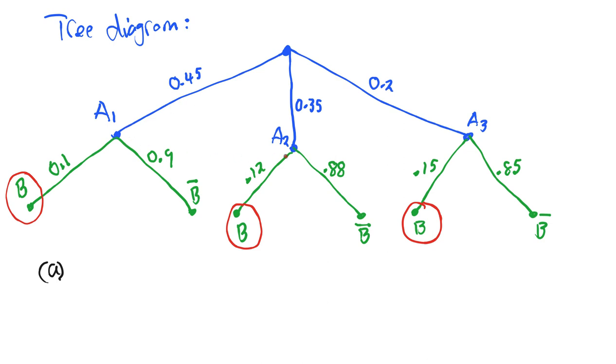So if this is our starting point, first we have the different types of cars, and then we have the failure rate of each type of car or car engine. In order to figure out the probability of B, which is what we want, look at all the ways you can start from the top of your tree and get to a branch that's labeled with B. So there are 3 paths you can take here.